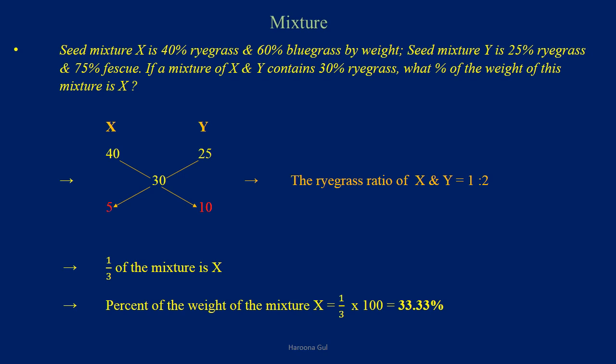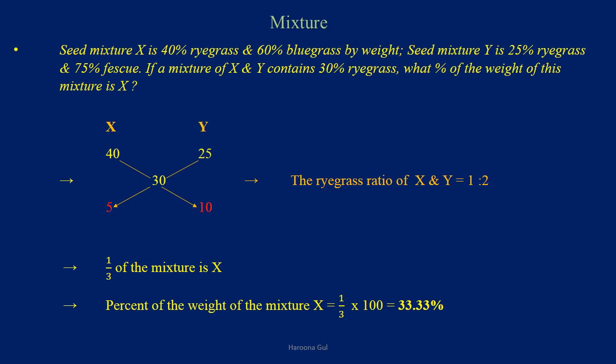Now you see, the total ratio has 3 parts, and the ratio of X is 1. So we're going to divide 1 by 3, because the ratio of X is 1/3 of the total, right?